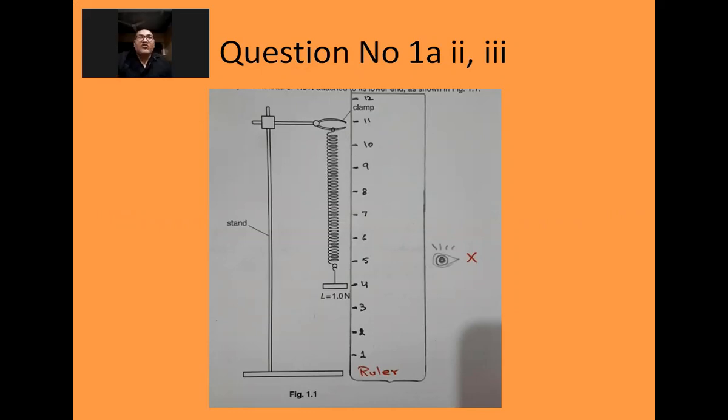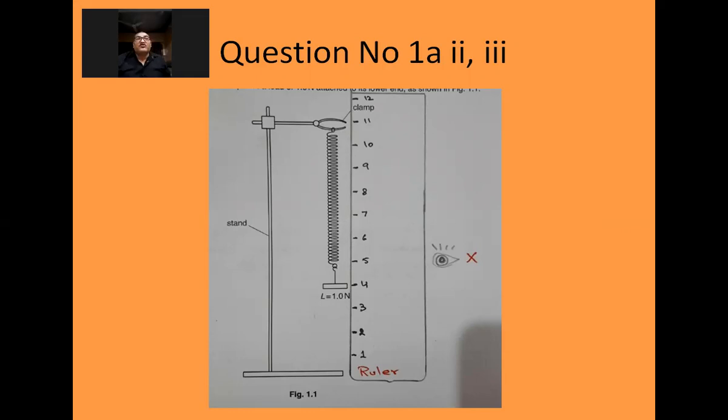The scale is vertical, next to the spring, and with this ruler we can measure the length of that spring. So this is how you have to draw that ruler. That is question A, second part, and it was a 1-mark question.